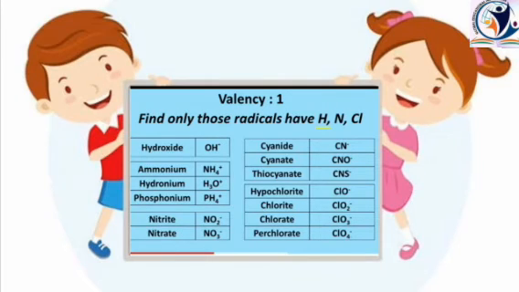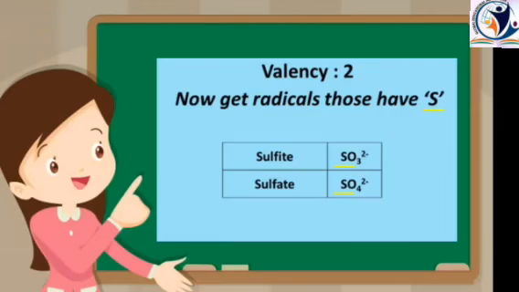They are having valency 1. Chloride, ClO2 minus. They are having chlorine in it. Cyanide, they are also having nitrogen, so valency will be 1. A small chart is being shown so that you can understand the different radicals having hydrogen, nitrogen and chlorine as one of its constituents, then they will be having valency 1.